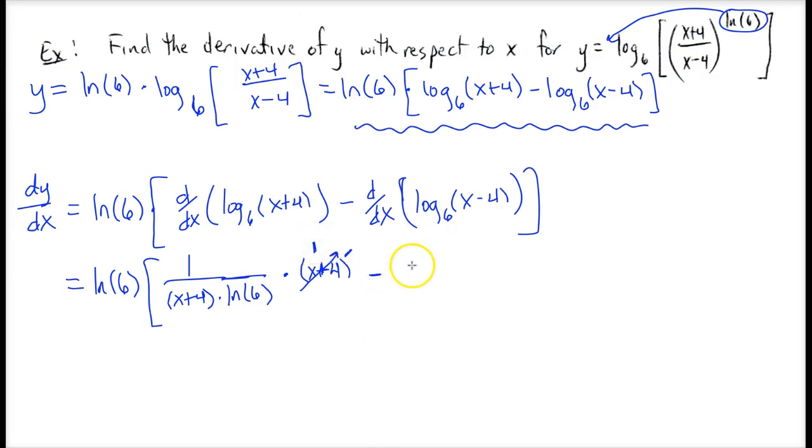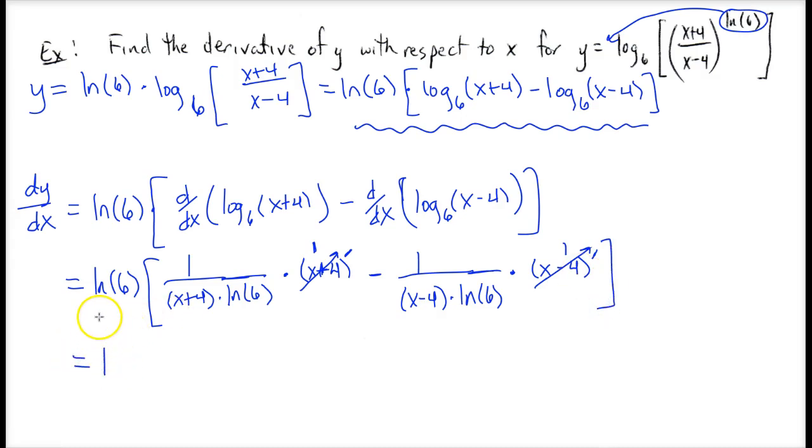Minus, and we repeat the process here, so derivative of the outside function, log base 6 of blah, is just 1 over blah times natural log of 6. And then that's times the derivative of x minus 4, which again we know is just 1.